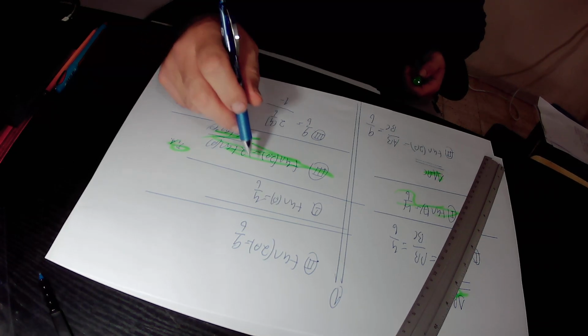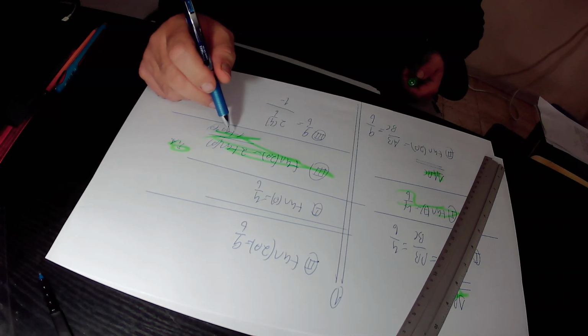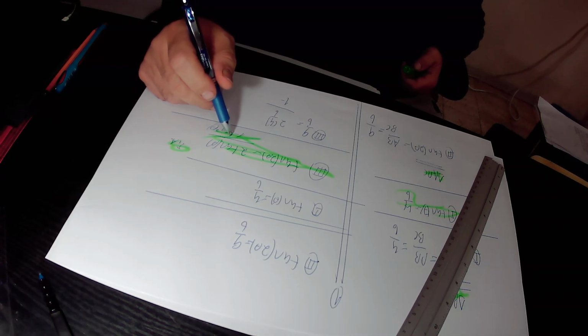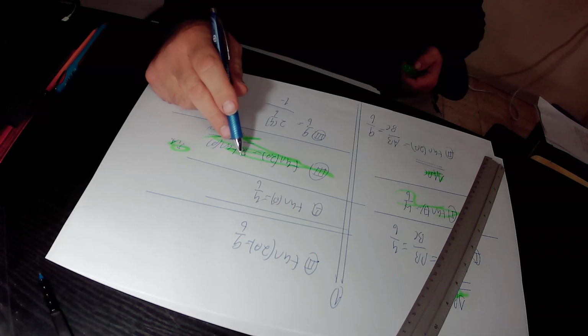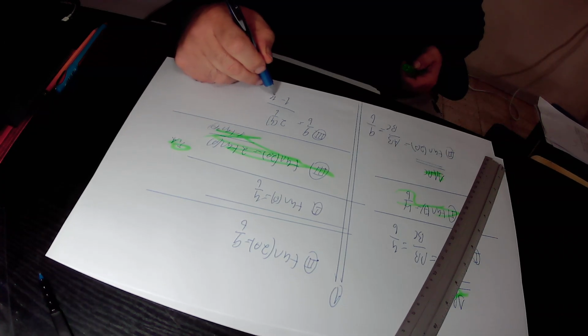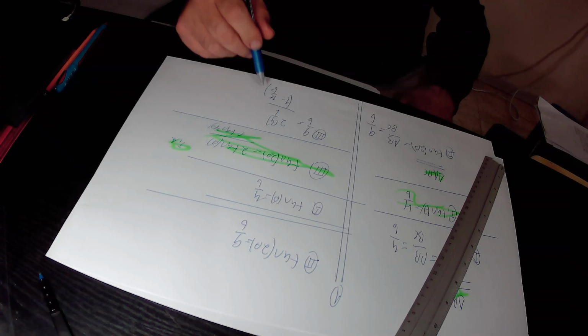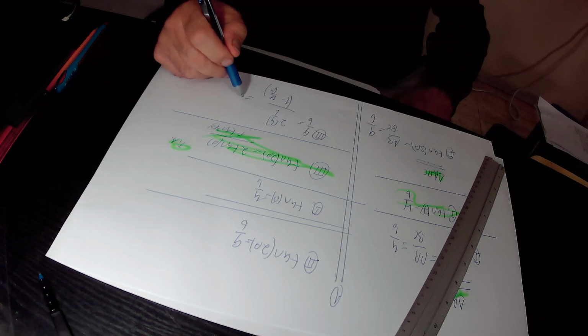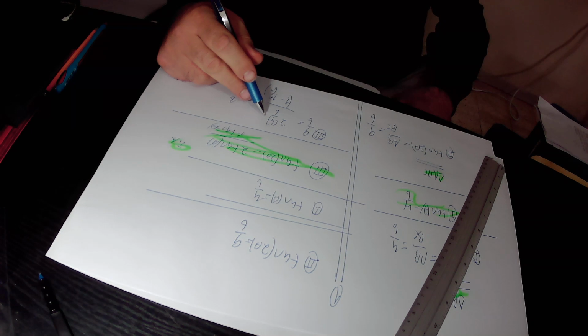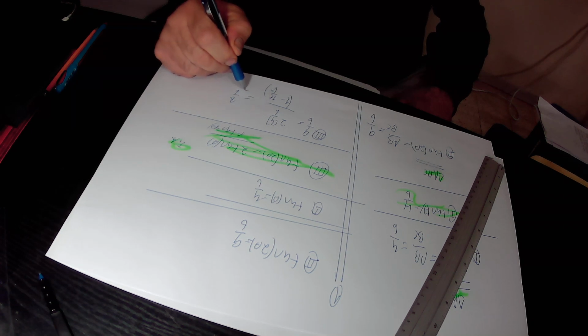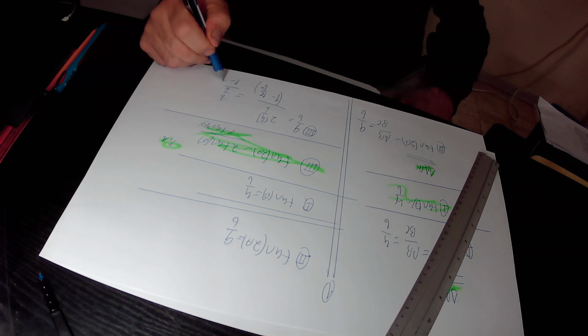Tangent theta equals 4 over b, therefore tangent squared theta must be equal to 4 over b squared, which equals 16 over b squared. So in total, according to equation 3, 9 over b equals 2 times 4 over b. 2 times 4 is 8, so this expression equals 8 over b divided by 1 minus 16 over b squared.